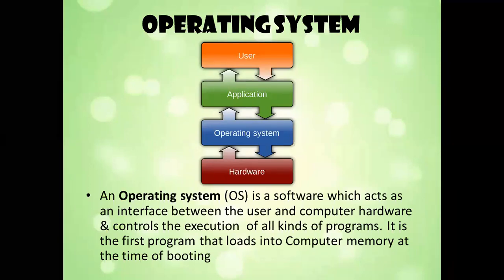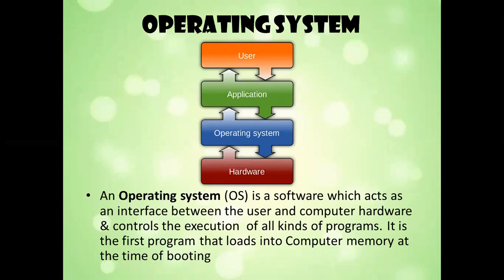First I have to give instructions to the computer on how these devices work, how the mouse will work, how the keyboard will work. All these instructions I have to save in a particular software, and that software is the operating system. It acts as an interface between the hardware and the software parts of the computer.